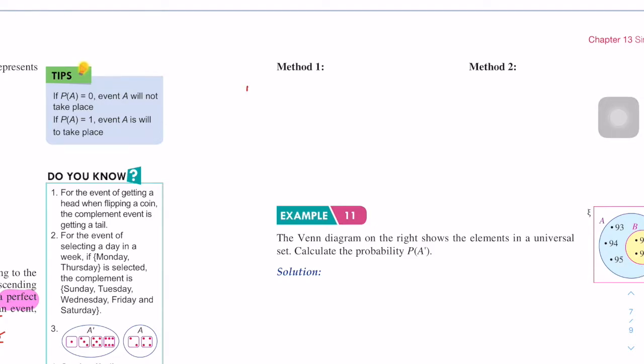We know that P(A prime) is equal to 1 minus P(A). So 1 minus 8 over 20, you will get 12 over 20, or you can simplify as 3 over 5. So this is the first method.